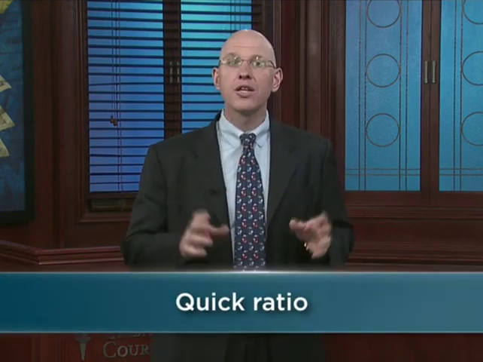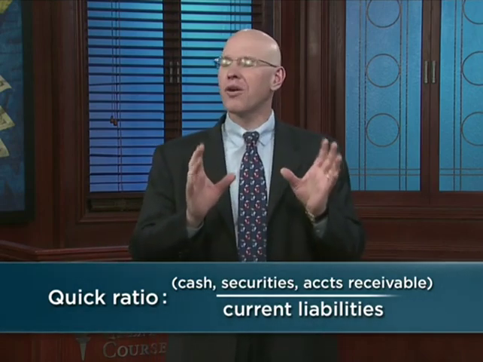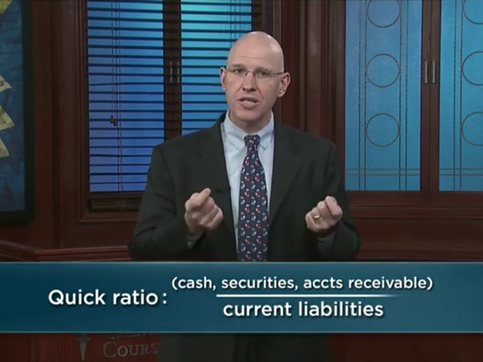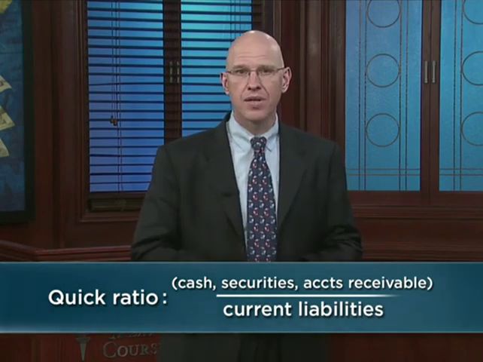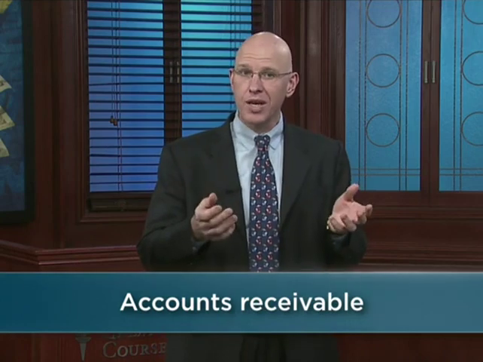So for many manufacturing companies, analysts also calculate a related liquidity ratio called the quick ratio. The quick ratio still puts current liabilities in the denominator, but the numerator only contains cash, securities, and accounts receivable. Accounts receivable, by the way, is the amount of money that Campbell's customers owe it for the soup and snacks that they've purchased.